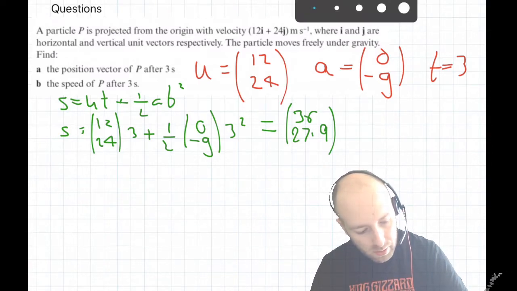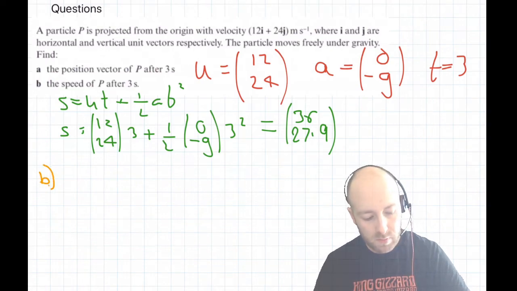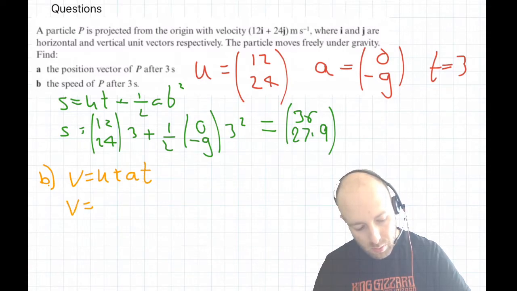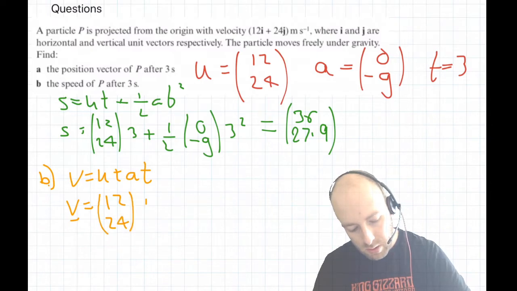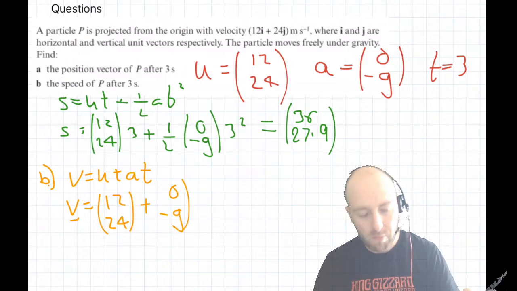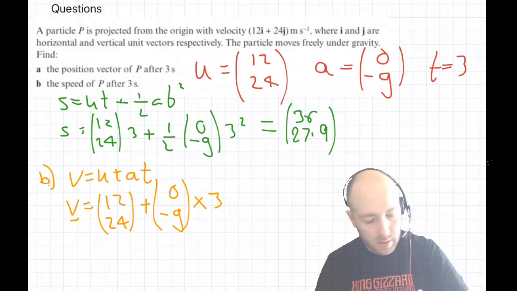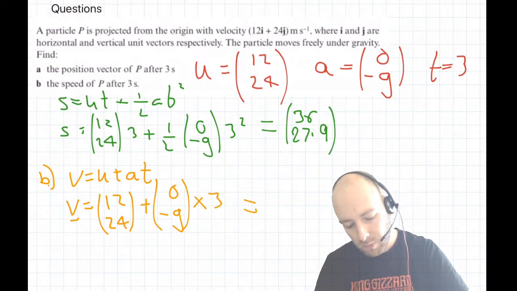And part B, we want the speed, so we need v equals u plus at. So v equals (12, 24) plus (0, minus g) times 3. And if you plug all that in, you get (12, minus 5.4).